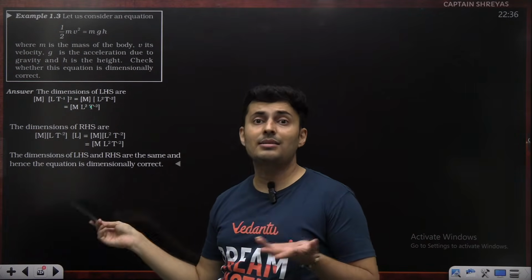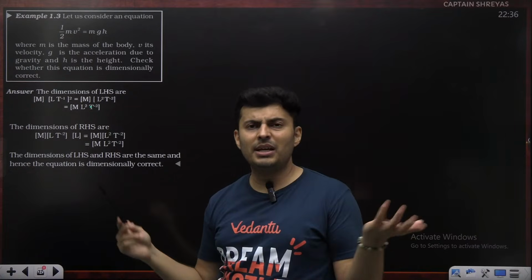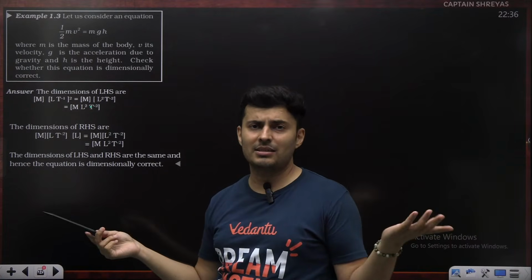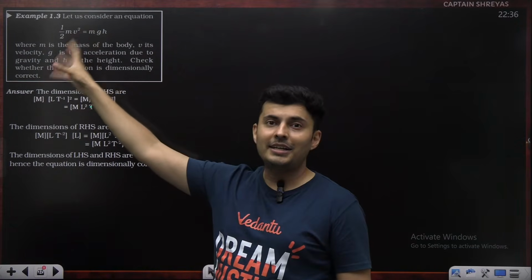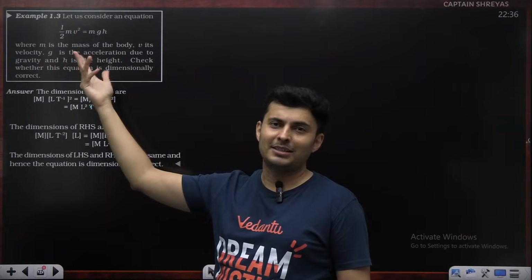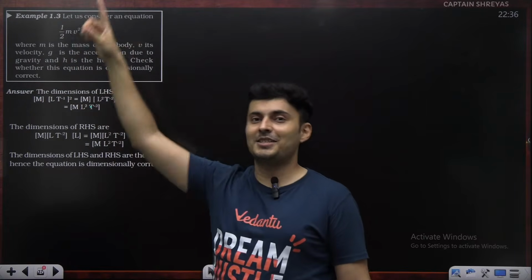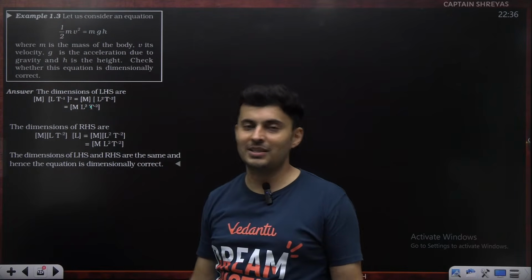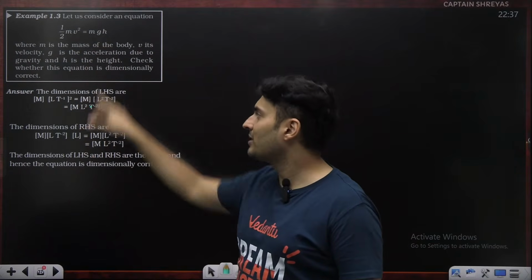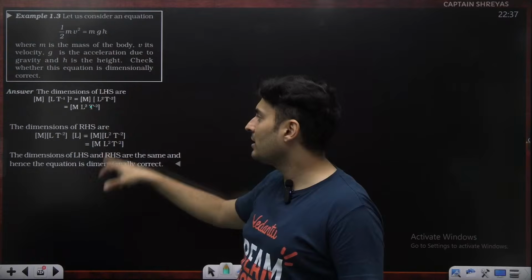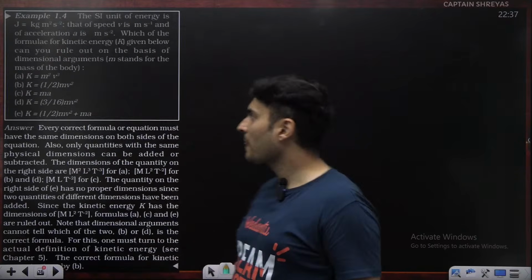So dimensionally this equation seems right. Mathematically whether it is correct or wrong depends. Later on in the work, power, energy chapter you will study that kinetic energy can be converted into potential energy. So half mv square is mgh. Yes, mathematically, scientifically also it is correct. So dimensionally at least it is correct by substituting mass, velocity, gravity and h value.